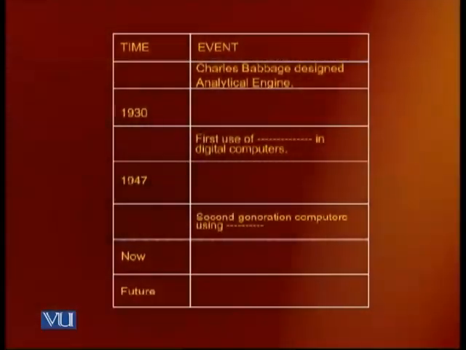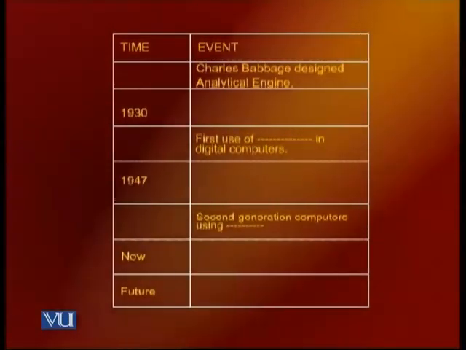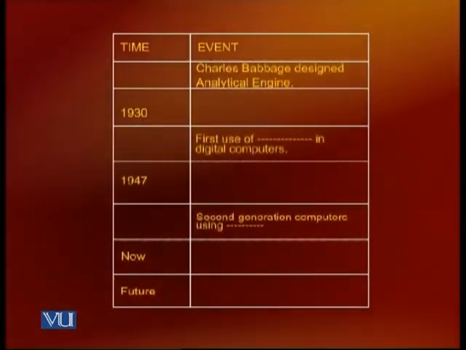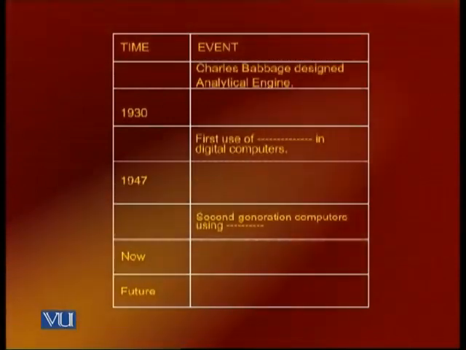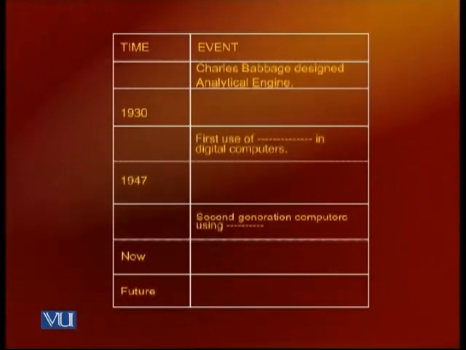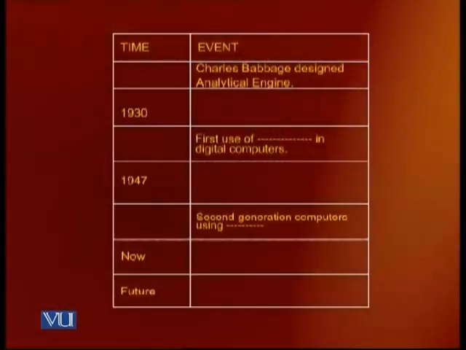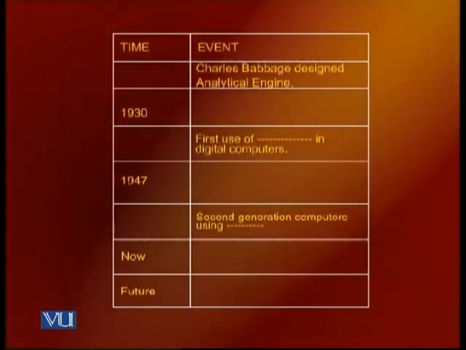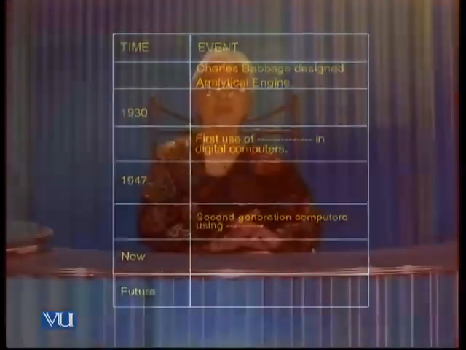There is a gap, a long period, and then you find that the major event that took place was that second generation computers were using something. So when did the second generation of computers come about? They came about in 1960, and they were using transistors. But what happened before that?